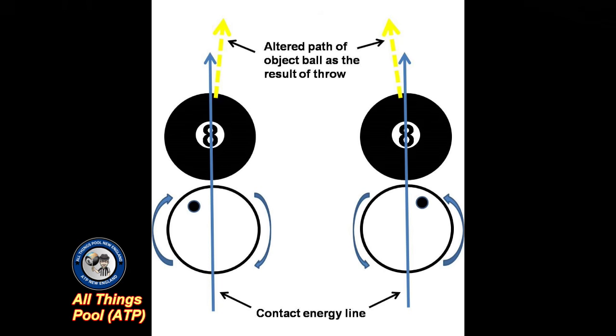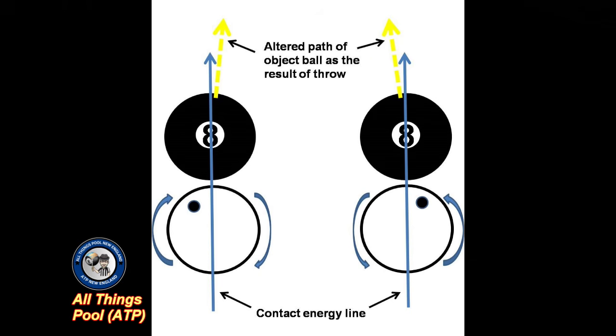In the diagram on the left, you have left English, which will throw the object ball to the right of our shot line, of our contact energy line. And in the right diagram, the picture on the right side, you'll see right English, which throws the object ball to the left.